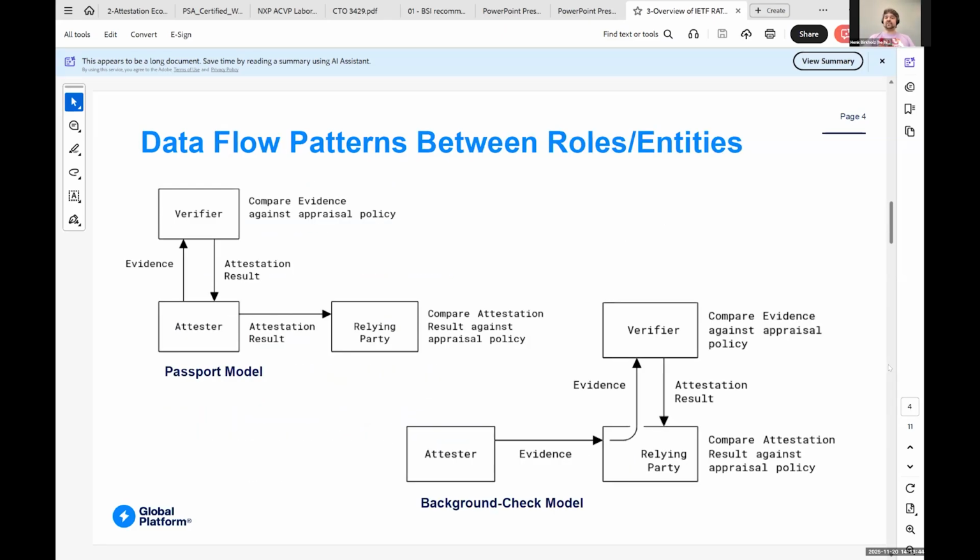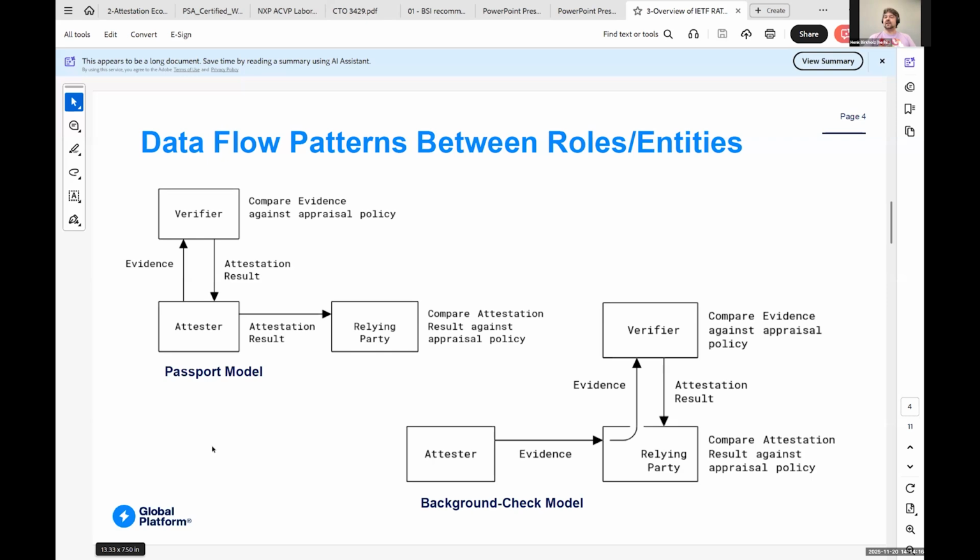There are two very popular patterns. These are also specified in RFC 9334, the RATS architecture. I'm just quickly repeating them here. For example, when the relying party comes along, it just expects an attestation result. So this means that the attester already has that ready, or creates it when triggered by the relying party, by sending its evidence to the verifier. And the relying party doesn't have to talk to the verifier.